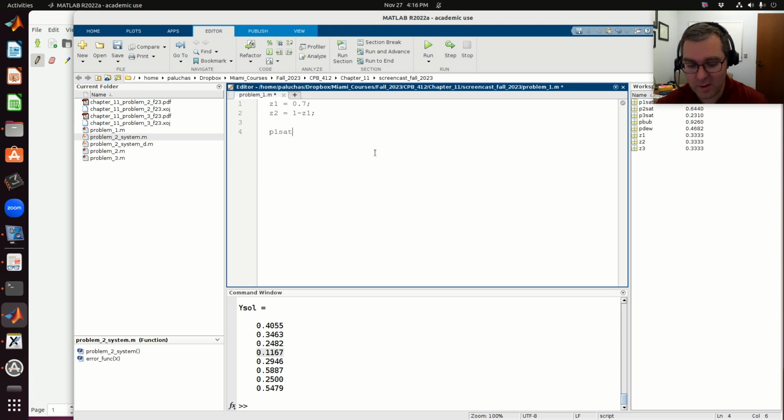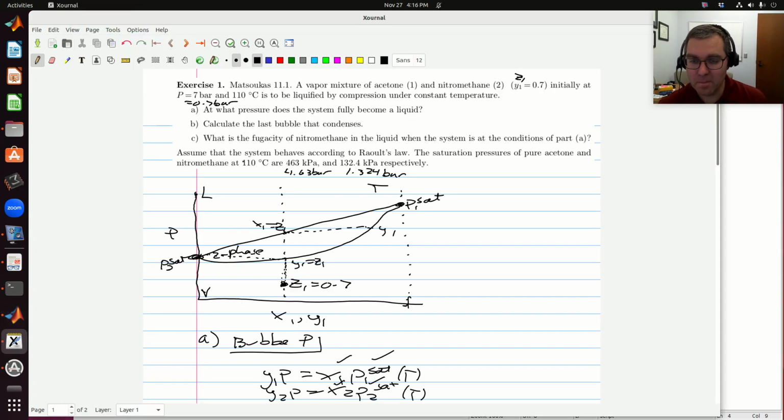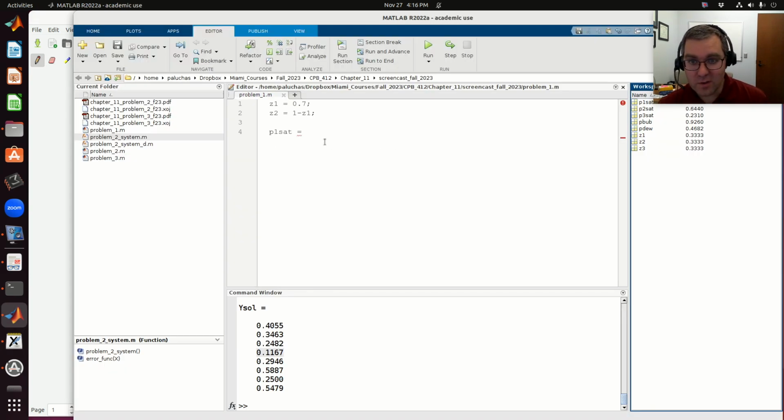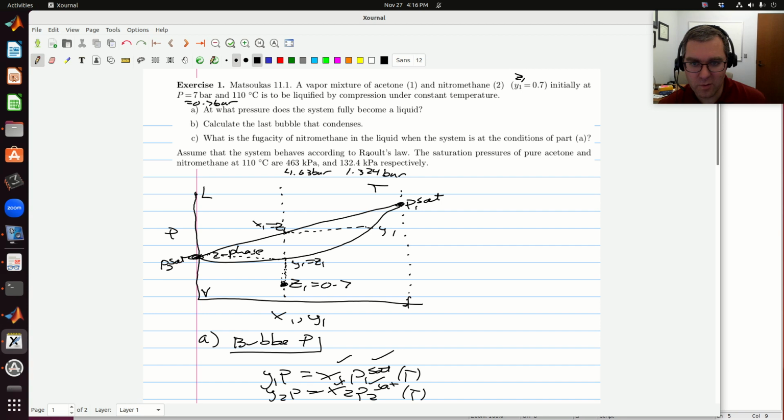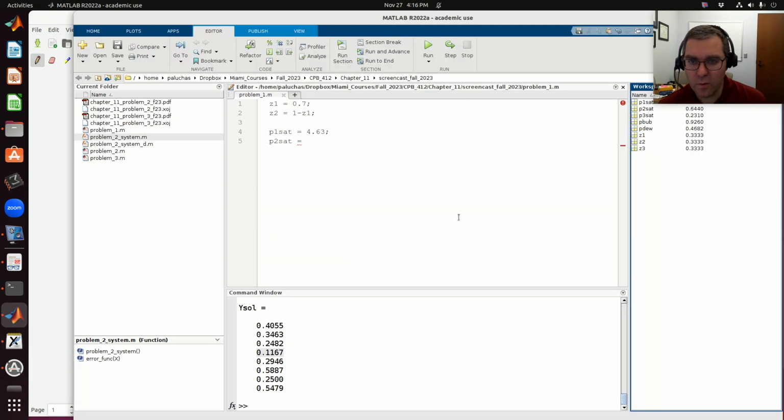So P1 sat is 4.63 bar. And for P2 sat, we're assuming Raoult's law because the problem tells us to assume Raoult's law. P2 sat is 1.324 bars.